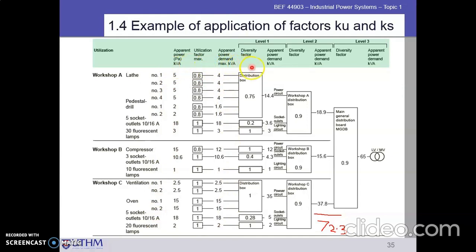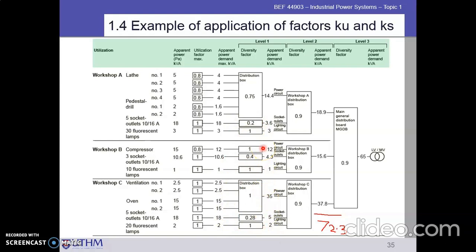This one is for distribution box. This is the diversity factor for each load. So different loads have different diversity factors. We can see here this one is 0.75, this one is 0.2, 1. This one is based on the previous table that I have explained before.